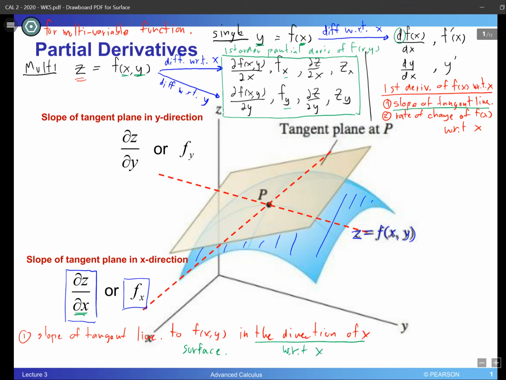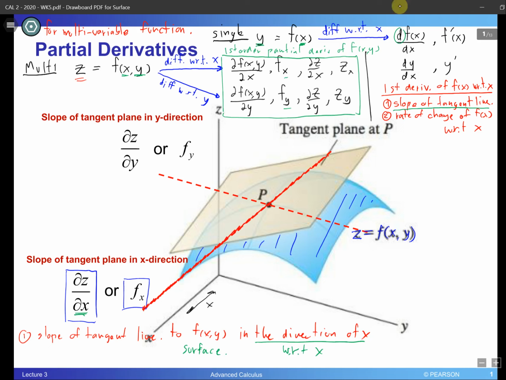So here in the direction of x means that this is with respect to x. So let's take a look in this figure. The direction of x is going to be along this x-axis, which means that the tangent line is going to be parallel to the x-axis. So this is going to be what you see right here. This is the tangent line in the direction of the x variable.